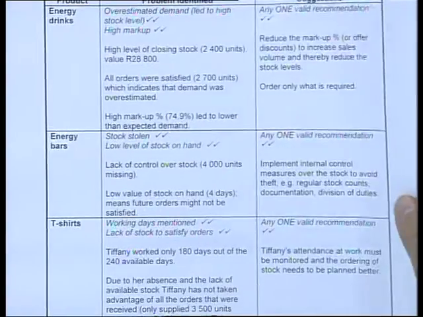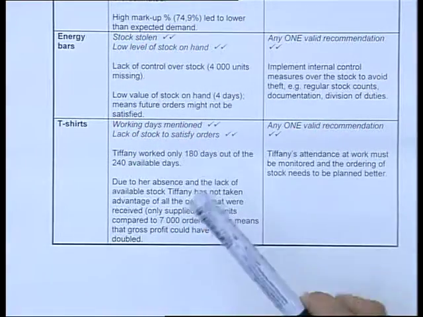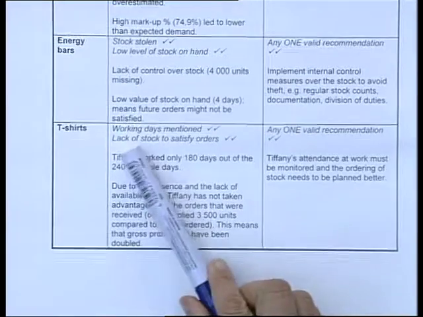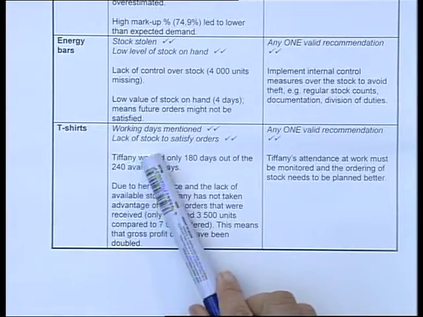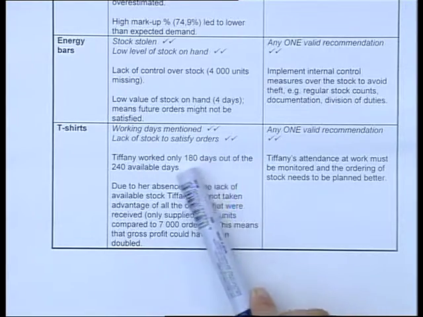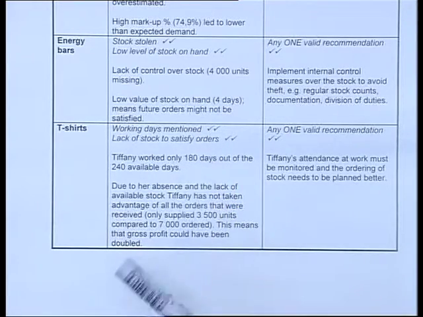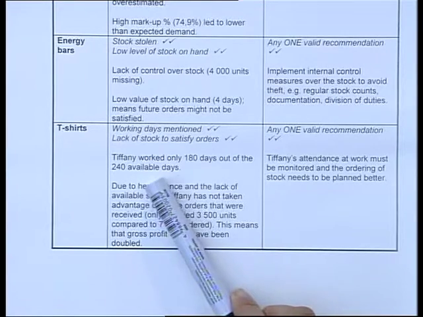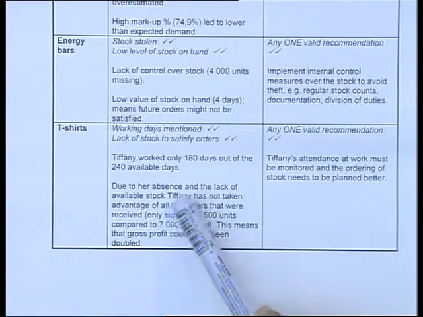Okay, and then with regards to the t-shirts, it said Tiffany's working days mentioned, lack of stock to satisfy orders. In other words, they ran out of stock and they couldn't satisfy the customers. Tiffany worked only 180 days out of the 240 days available.